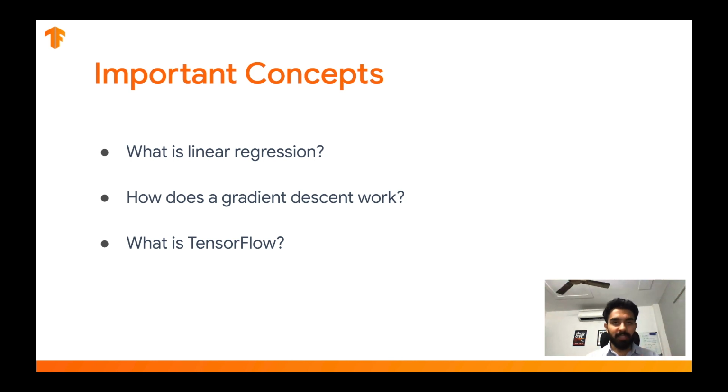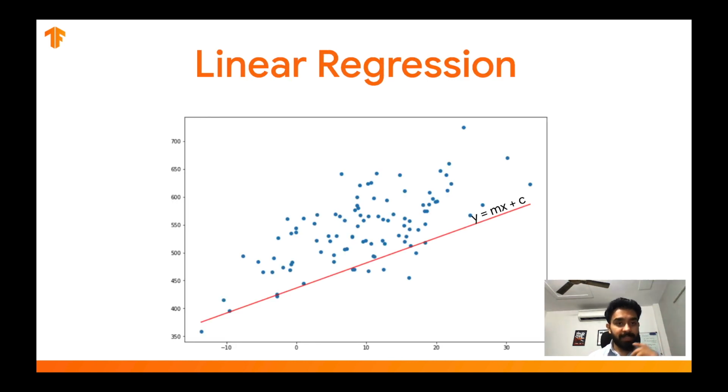I have linked all the resources below where you can learn gradient descent from. And lastly, we are going to understand how the TensorFlow library can be used to compute those gradients, and we'll talk about automatic differentiation, which is basically used in all sorts of neural networks that we see these days.